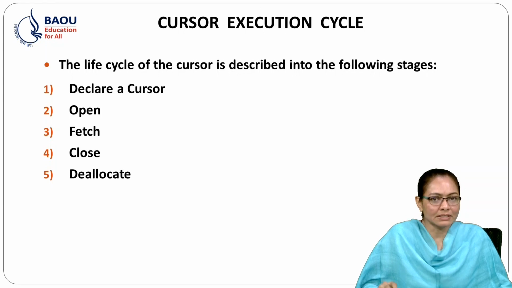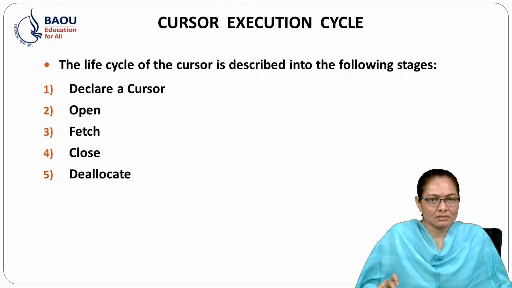Now the third one is fetch. The fetch statement is used to fetch one row at a time. When the cursor is open, the rows can be fetched from the cursor one by one or in a block to perform the data manipulation.